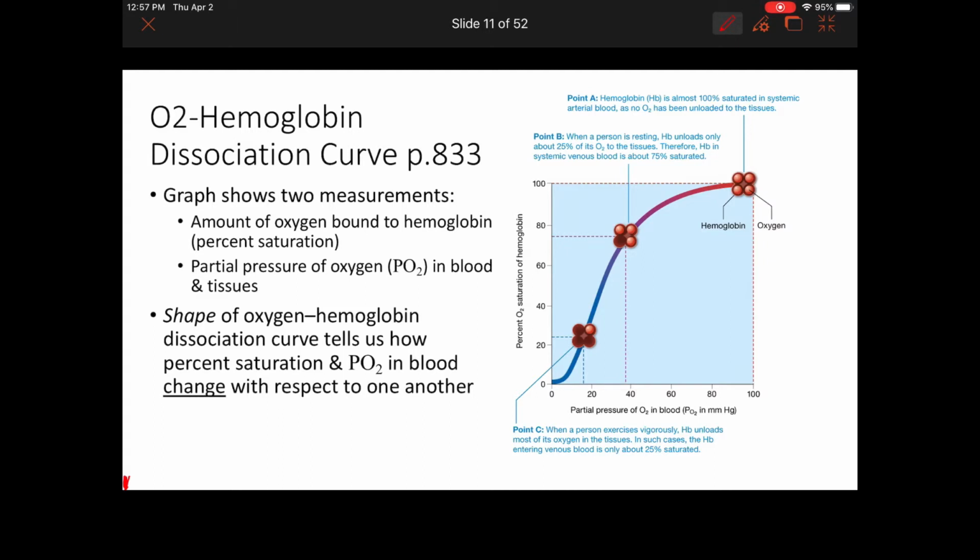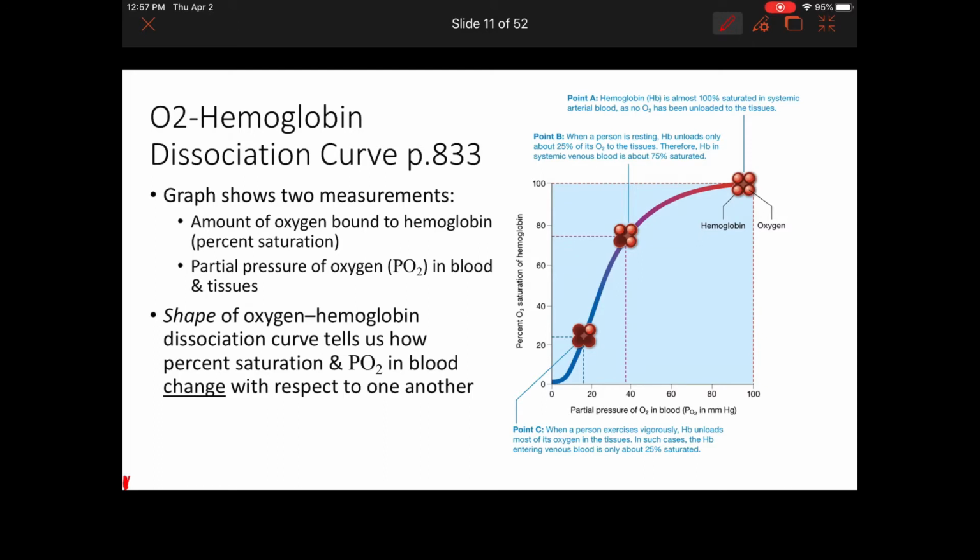So the graph that you see here is described as the oxygen hemoglobin dissociation curve. So let me explain a couple of things here that this graph illustrates in terms of the relationship between the partial pressure of oxygen and the percent saturation of hemoglobin.